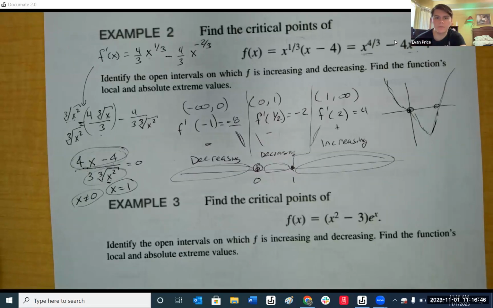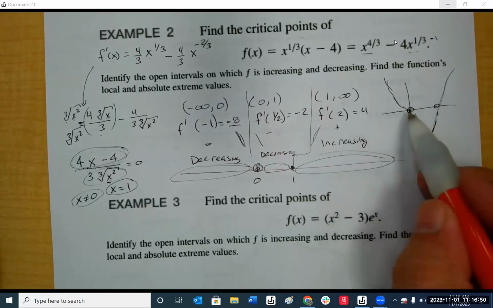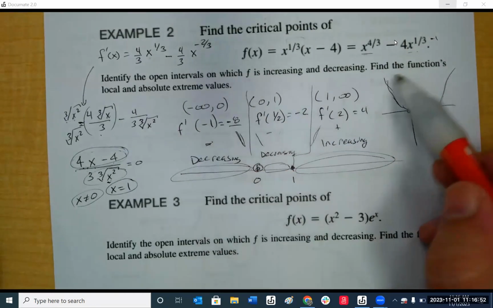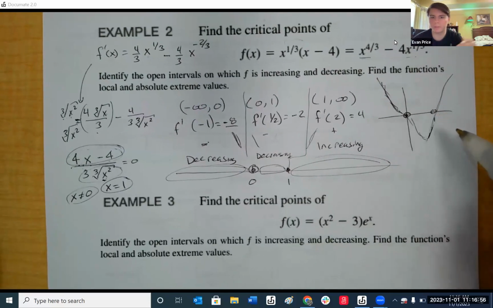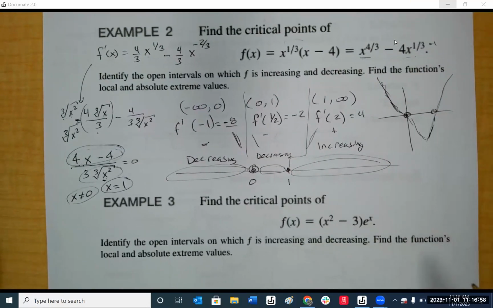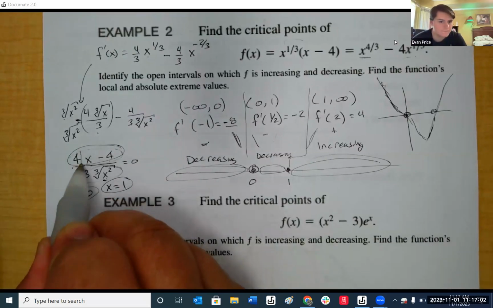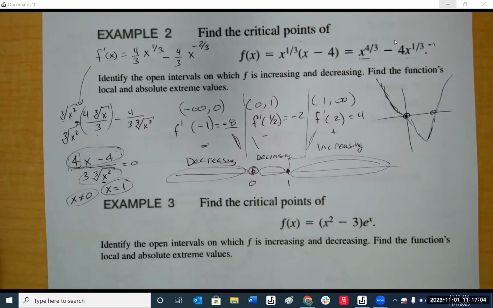Over negative infinity to 0, that has a negative slope, so it's decreasing. It's more steep, right? Well, the steepness we can't tell yet, but we could assume it because the coefficient of the numerator is 4, so it'll be pretty steep.